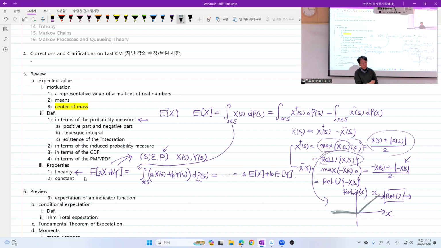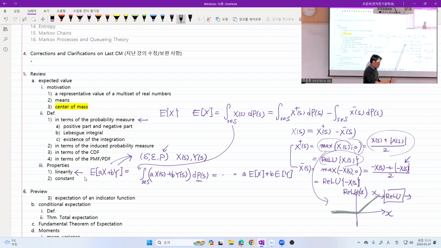So whenever you add up countably infinite or uncountably infinite positive and negative terms, be careful. You have to sort them into two groups first. Hey, positive things come here. Hey, negative things come here. And then you add up and check whether it's finite.